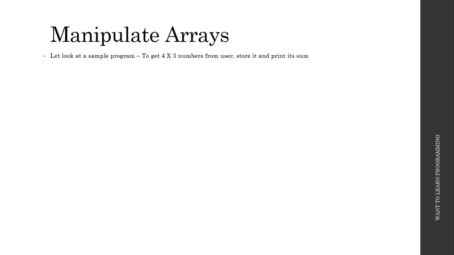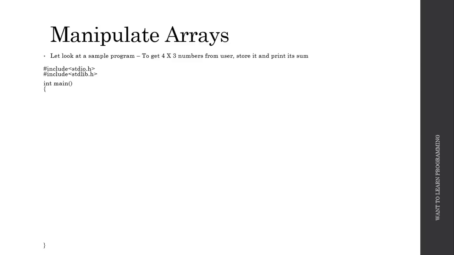Let's look at a sample program to get 4 cross 3 numbers from a user, store them and print their sum. First, as usual, we use the header files, that is stdio.h and stdlib.h. Next, we have the int main function, int main along with the curly braces.